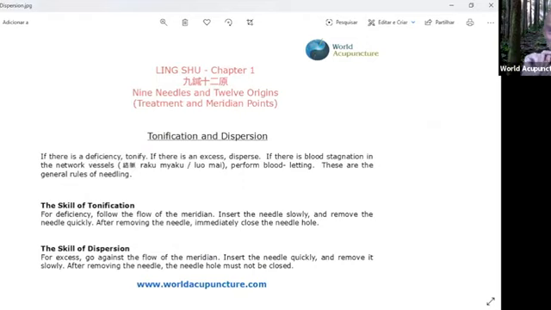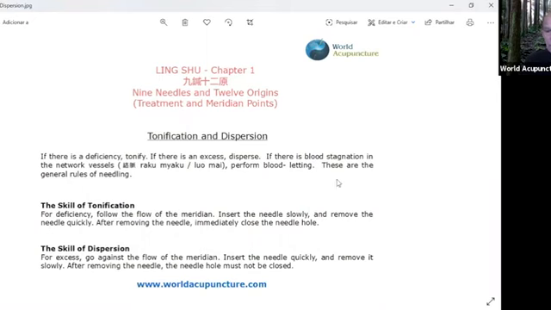I'll demonstrate these techniques in just a moment. Then we remove the needle slowly, this is in dispersion, and then we leave the hole open. This is very effective in delivering the appropriate outcome during the treatment.